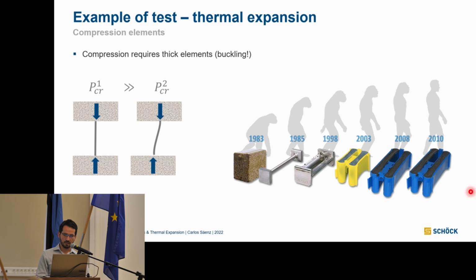At the right, you get to see the different developments we had for our compression modules over the past years. We're now working with this one. This is, as I said before, a plastic cover, and you see just the concrete poured over there.